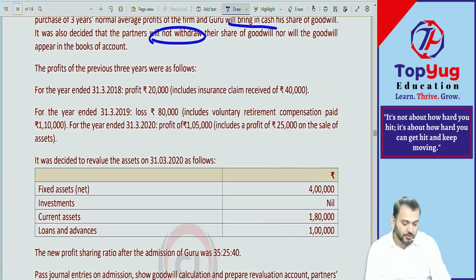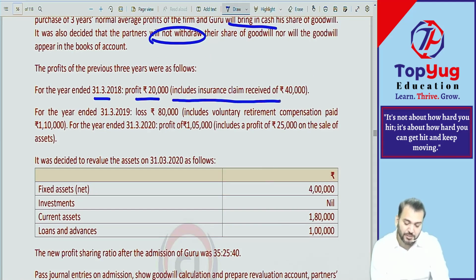The profit of the previous 3 years is given. They have given profit for the year ended as 20,000, including insurance claim received. Can you see this is a non-recurring transaction? So the non-recurring item we exclude. So this will be 28,000 minus 40,000. For the year ended 31st March 2019, loss 80,000 includes voluntary retirement compensation paid.